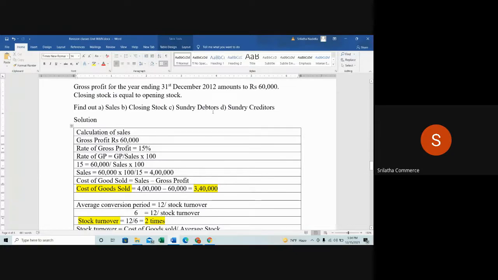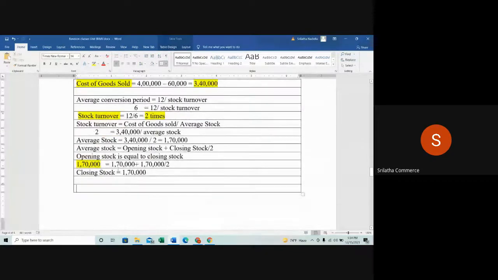Next is calculating the sundry debtors. So, what he had given, sundry debtors, how are you going to find out? From debtors' turnover, isn't it?